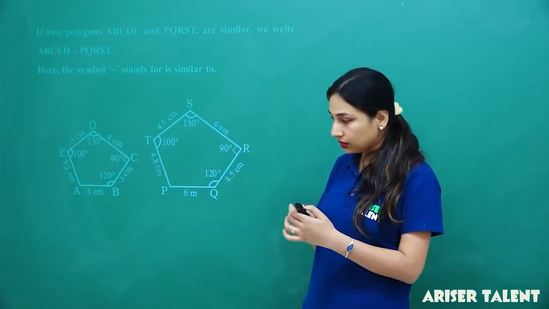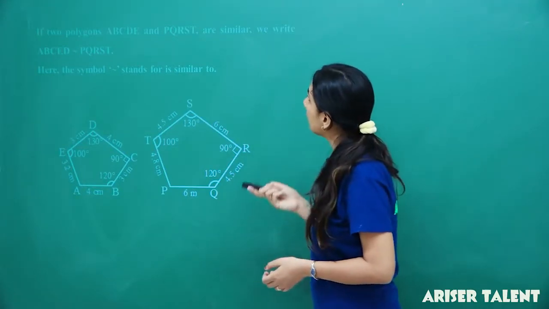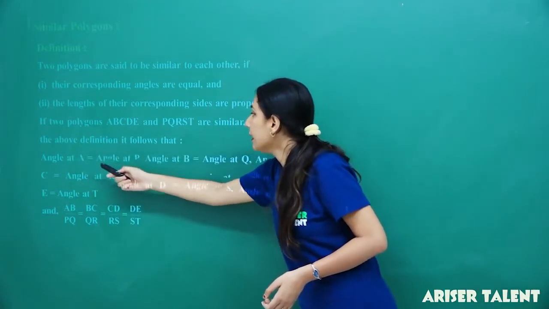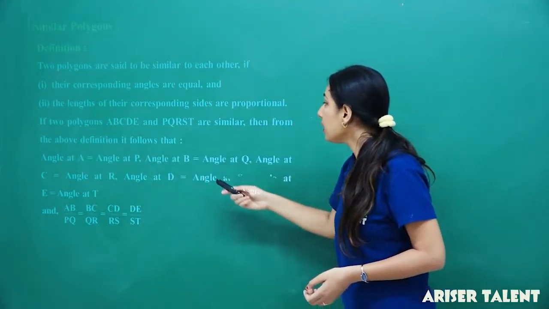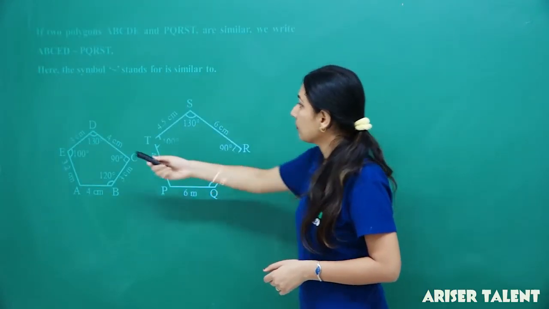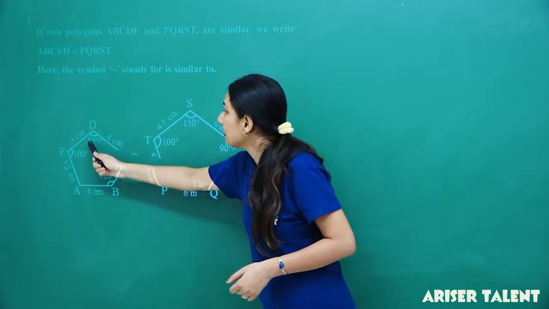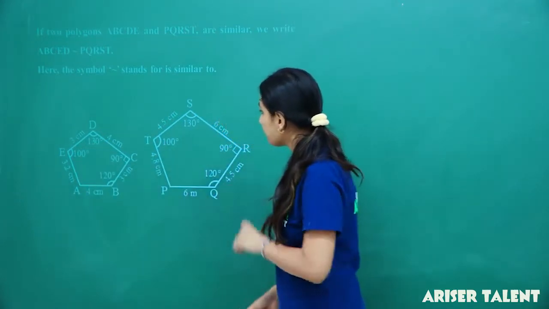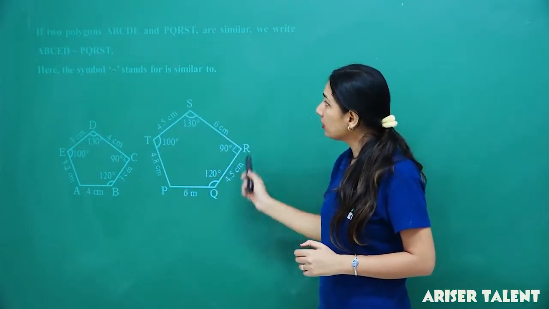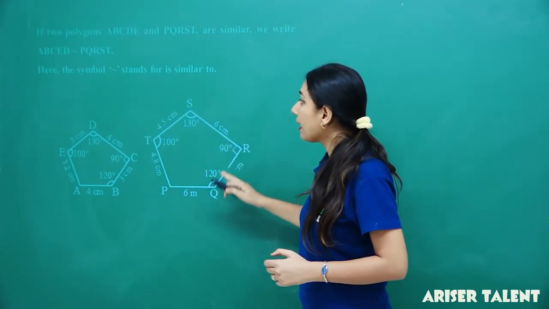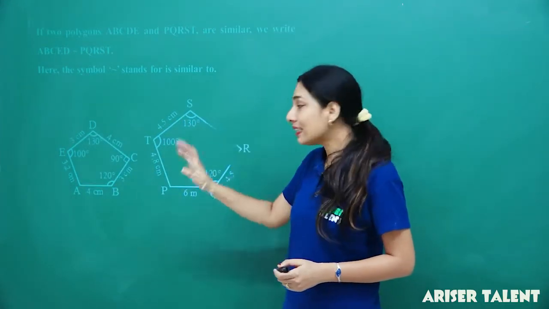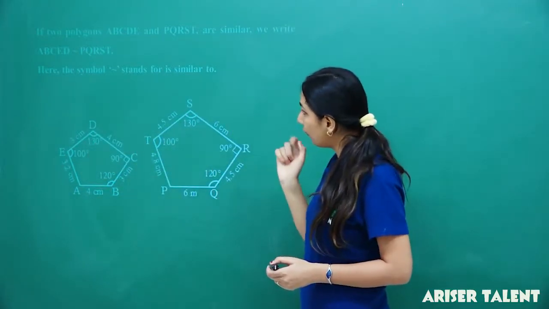We have read this here: angle A equals angle P, angle B equals angle Q. So, we have just shown it here that this is 130, this is 100, this is 90, this is 90. So, all these angles are exactly similar to these angles first.